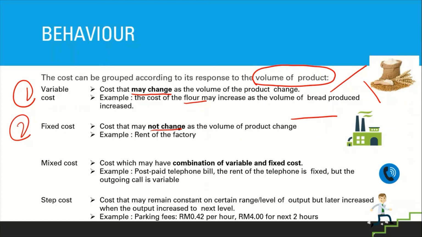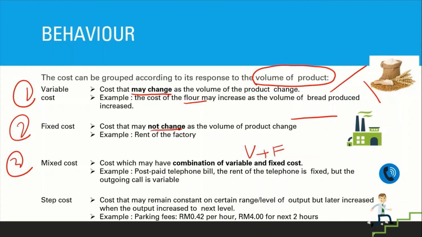Okay, so the third one is semi-variable costs, costs which have a combination of variable and fixed. So they have both variable and fixed costs. Such an example is a postpaid telephone bill. The rent of the telephone is fixed, but the outgoing call is variable.